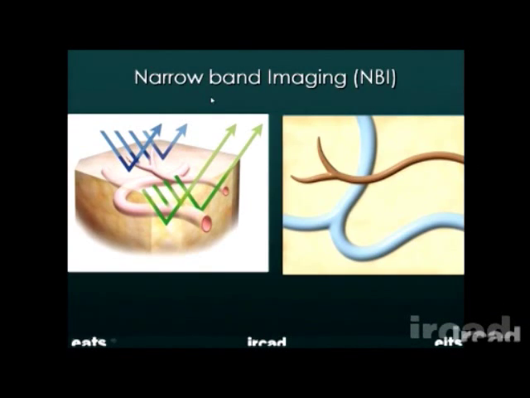Okay, now narrowband imaging, NBI, is also being used more and more to make better diagnoses. NBI uses two discrete bands of light, one blue at 450 nanometers and one green at 540 nanometers.